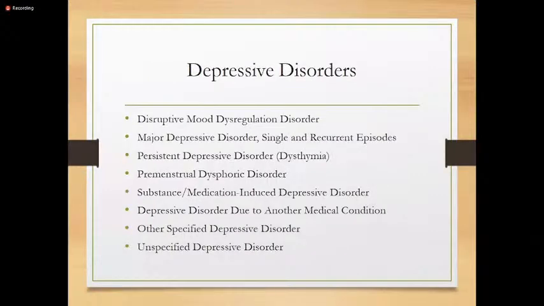Then we have the depressive disorders, including disruptive mood dysregulation disorder, major depressive disorder, single and recurrent, persistent depressive disorder, which used to be dysthymia, premenstrual dysphoric disorder, substance/medication-induced depressive disorder, and so on.